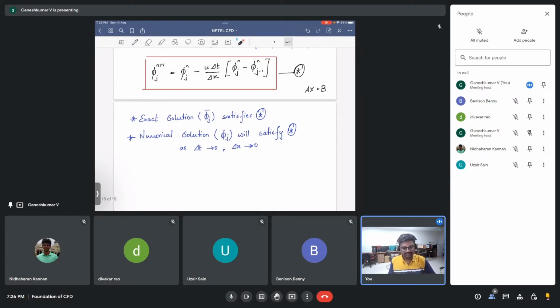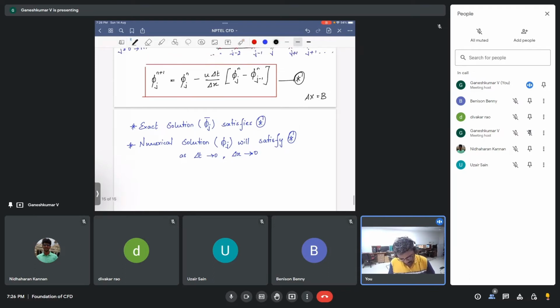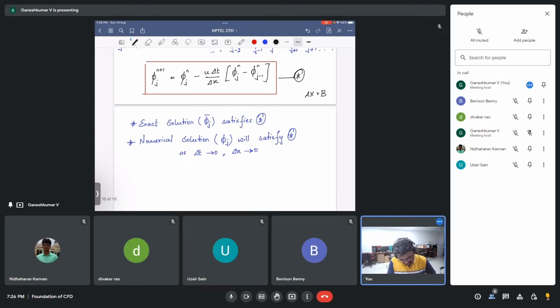We will start with this statement: phi j bar is the exact solution which satisfies the star equation, and the numerical solution should satisfy the star equation as delta t tends to 0 and delta x tends to 0.